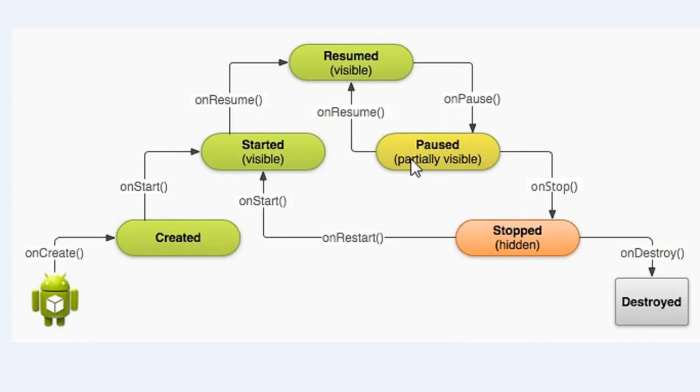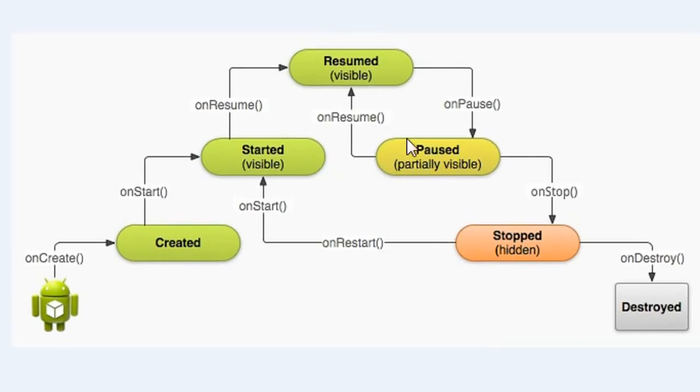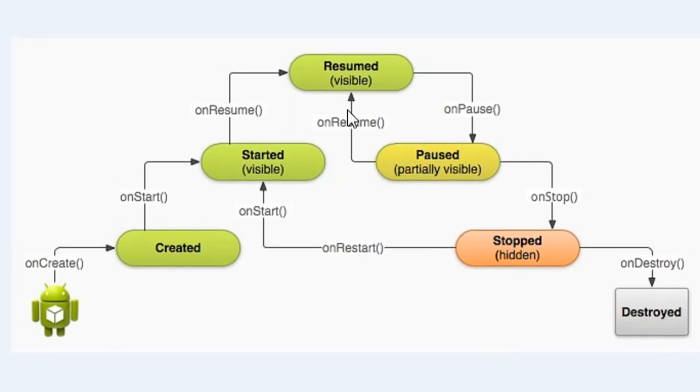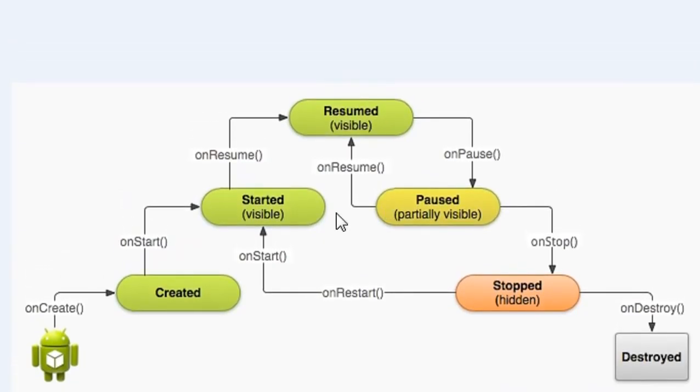At that time you can see that the running activity is partially visible to the user, and after closing the current activity, the previous activity will automatically invoke the onResume method. That means the system will invoke the onResume method for the previous activity, then it resumes again.